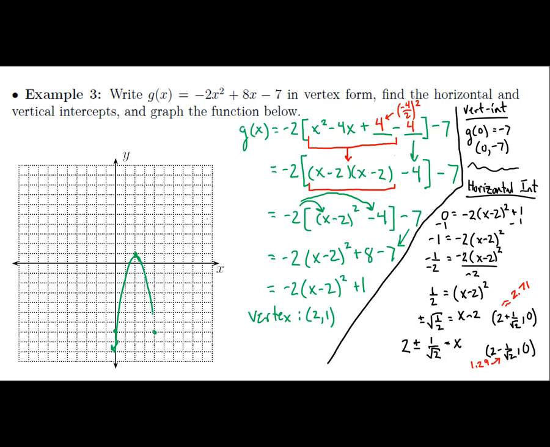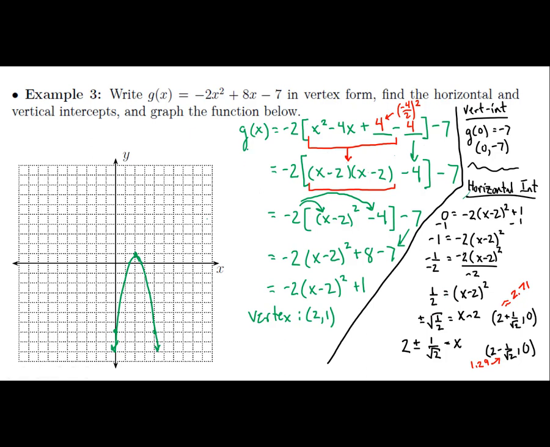Now as I finish graphing this, a complaint you might have: the last two examples, we found our horizontal intercepts by setting the function equal to 0 and solving for x, and I've done it manually. And you might wonder, couldn't I have just used the quadratic formula? Sure, you could have.